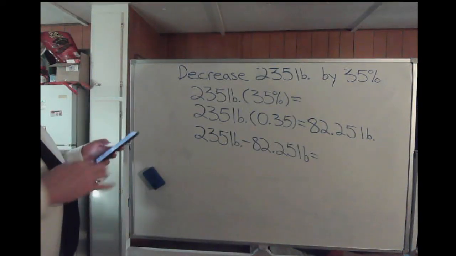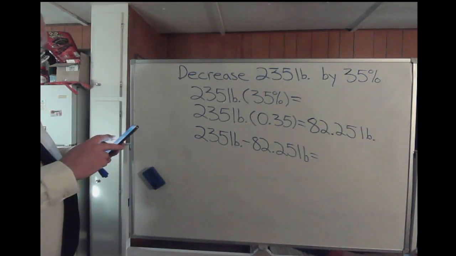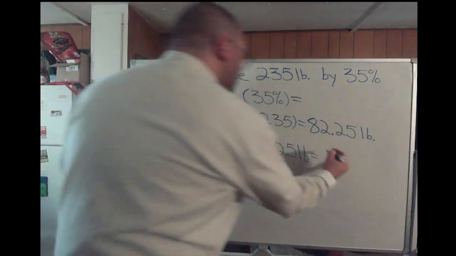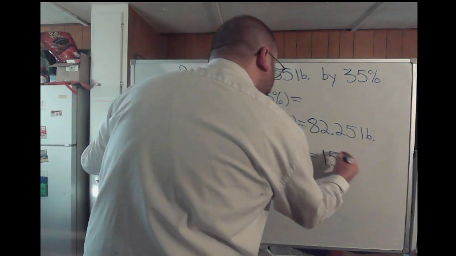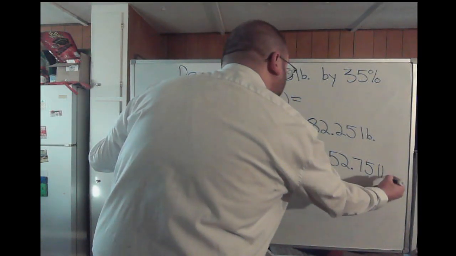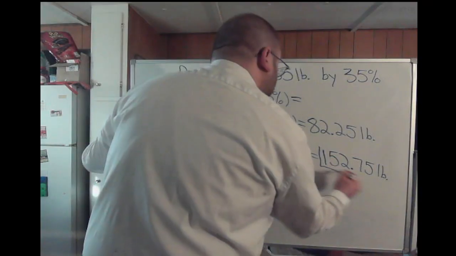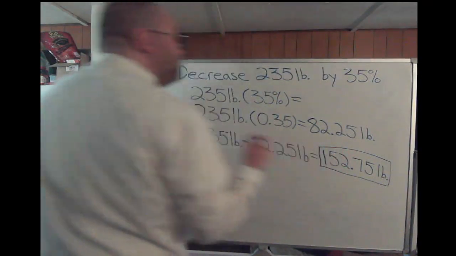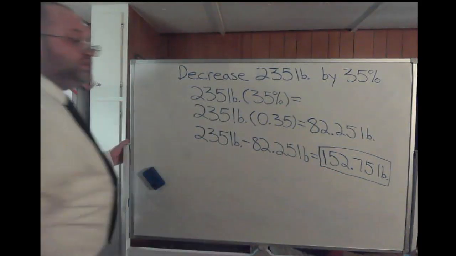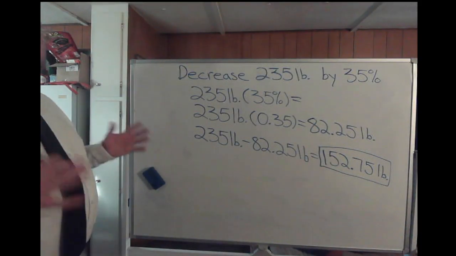Let's do that math real quick: 235 minus 82.25, yep, that would get me down to 152.75 pounds. So if I decrease my weight by 35%, I would drop to 152.75 pounds, which is about where I should be.